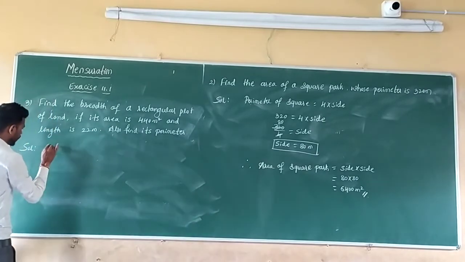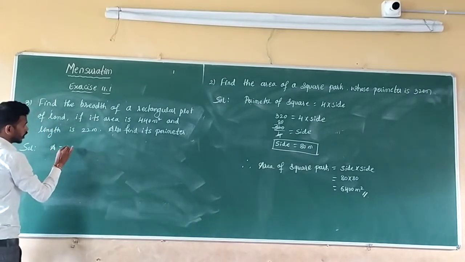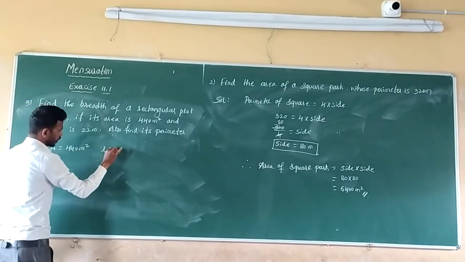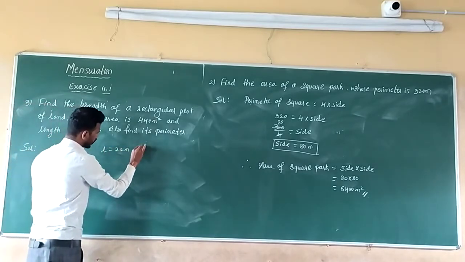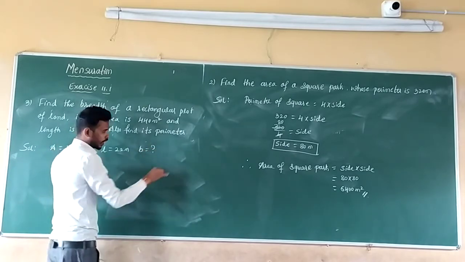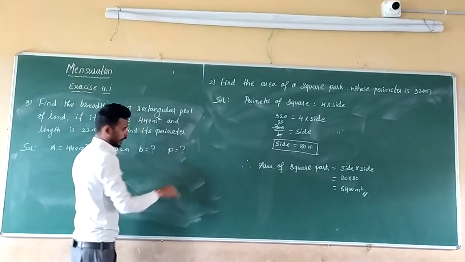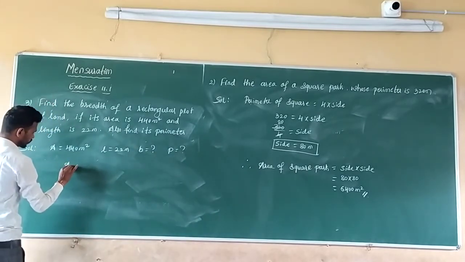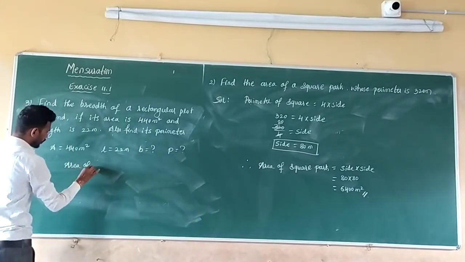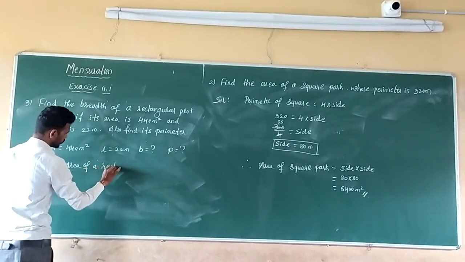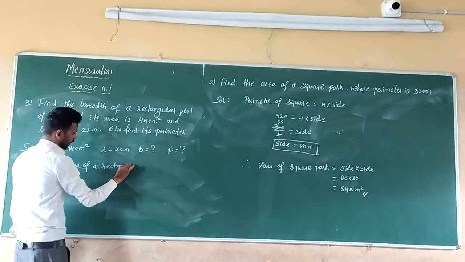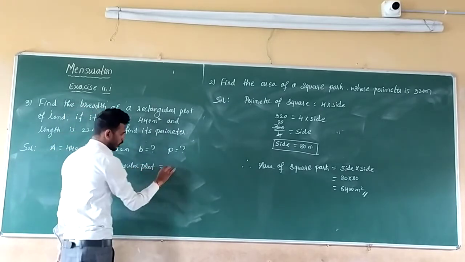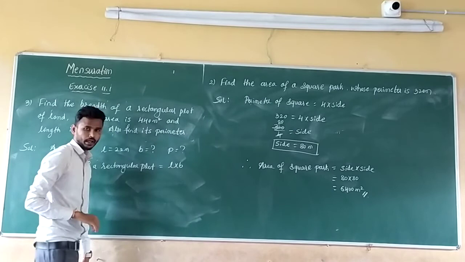So what have they given here? Area they have given is how much? 440 meters square. Length they have given is how much? 22 meters. We need to find breadth and then perimeter. So now area of a rectangular plot is equal to, the formula is length into breadth.